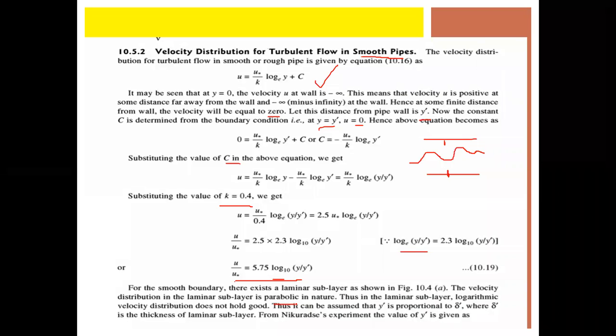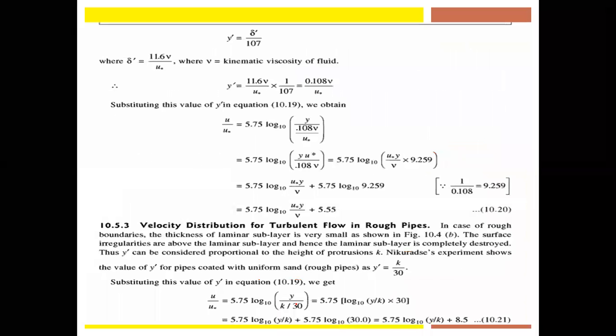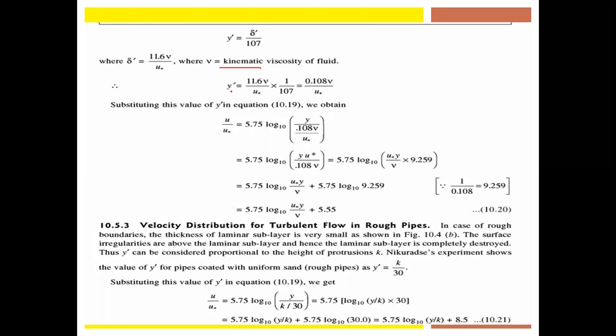Now Nikuradse's experiment gives the value of y dash. Y dash is equal to delta dash by 107, where delta dash is equal to 11.6 into v by u star, where v is the kinematic viscosity of the fluid. That implies y dash is equal to 0.108 v by u star.